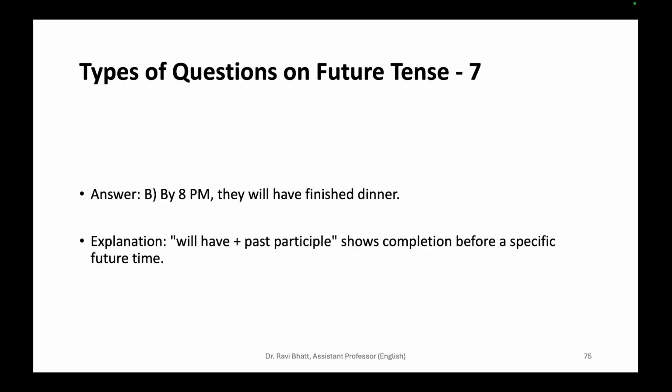By 8 p.m., they will have finished dinner. Okay. Now, whenever we use any specific time reference and we are referring to any task that is being completed before a specific future time, it is always will have plus past participle. So here the correct answer is B. By 8 p.m., they will have finished dinner.